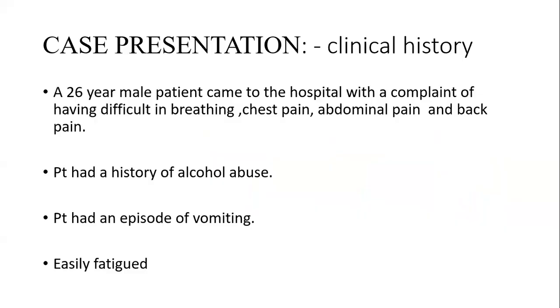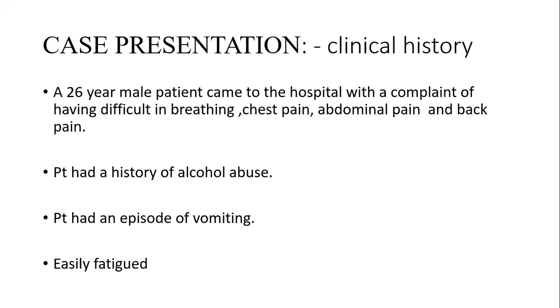So for this case presentation, the clinical history: a 26-year-old male patient came to the hospital with a complaint of difficulty breathing, chest pain, abdominal pain, and back pain. This patient was sent to do an echo.